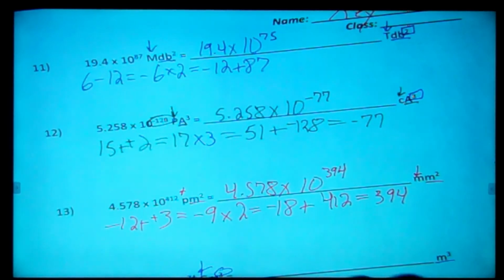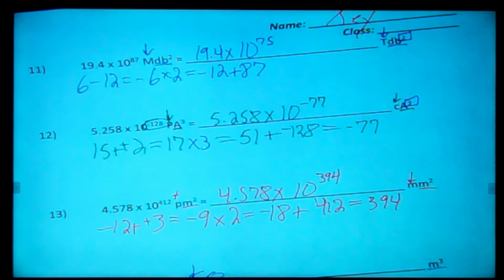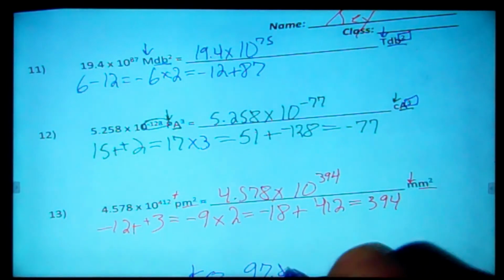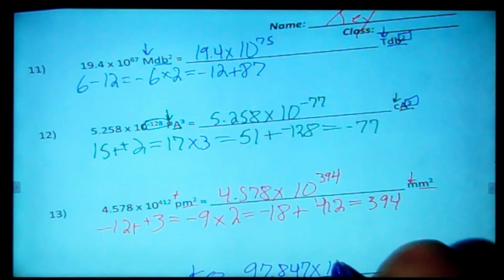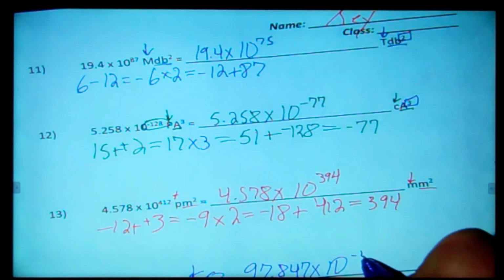That gives me 27. Then I'll add a negative 74, which gives me negative 47. So 97.847 times 10 to the negative 47.